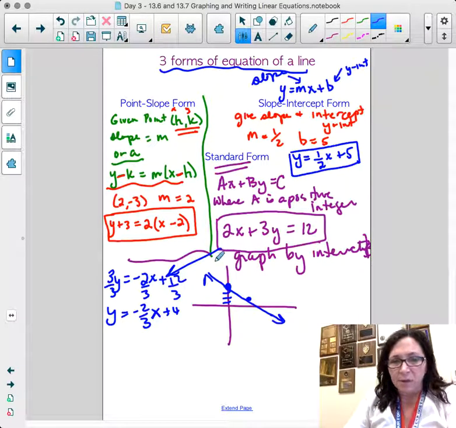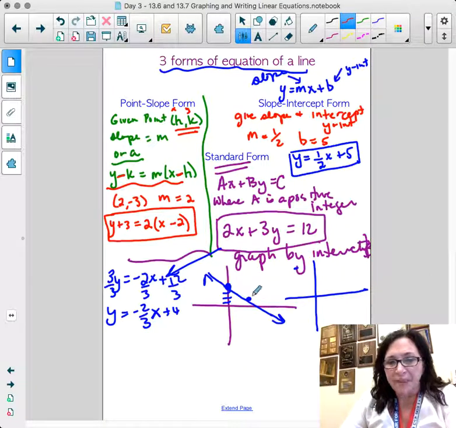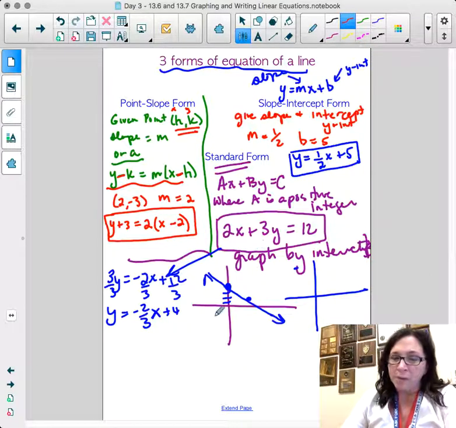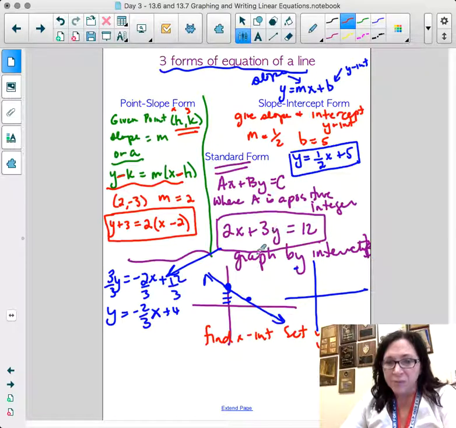What I'm telling you is that I could graph this by intercepts, and graphing that by intercepts would look something like this. If you're trying to find the x-intercept, you set y equal to 0. So if I set y equal to 0, this would be gone, and I would have 2x equals 12, x equals 6.